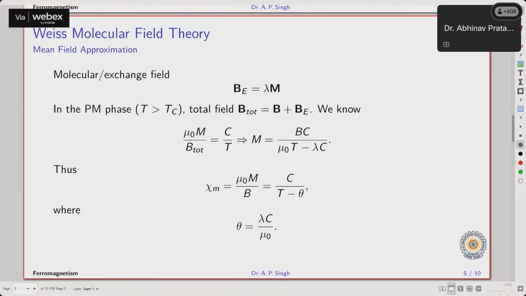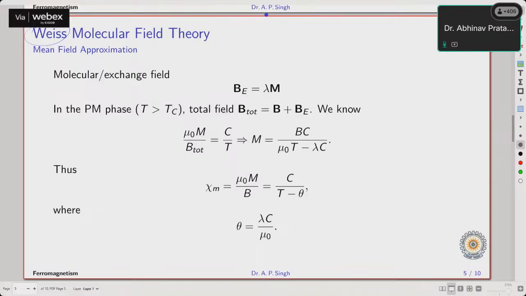The topic of today's lecture is molecular field theory, or Weiss field theory. When Weiss gave this theory of ferromagnetism, there was no quantum mechanics at that time, and the electron itself had been discovered just 10 years before. What was the hypothesis of Weiss?